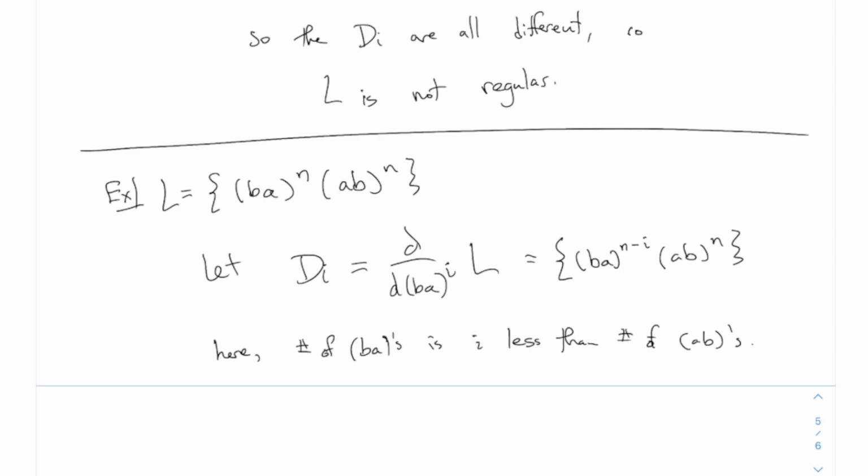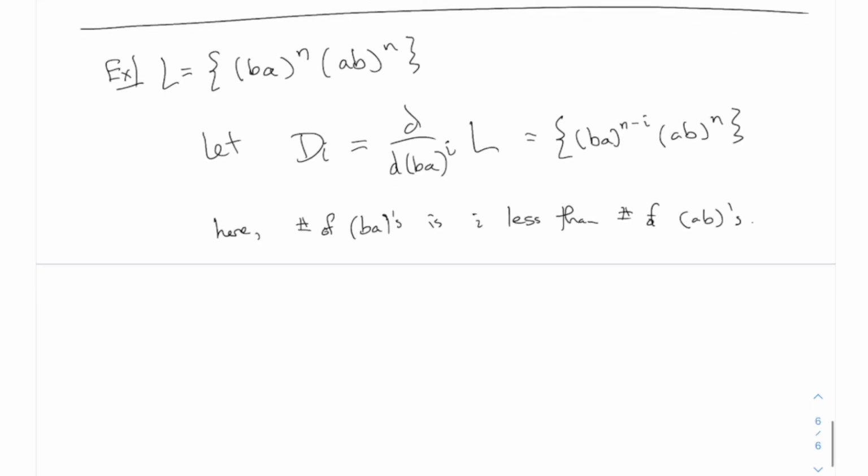And in the set d_i, there are i fewer. I suppose I should be saying fewer rather than less. It's fine. This is a course about languages, not that kind though. All right, so the d_i are all different.